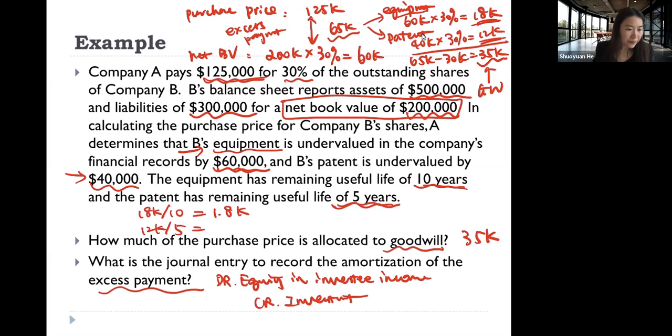So each year, the amortization is 2.4 thousand. So 1.8 plus 2.4 thousand is 4.2 thousand, and this is the amortization for each period for the investor. So the amount we should put in this journal entry is 4.2 thousand.